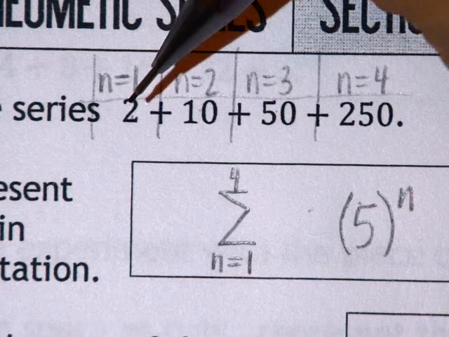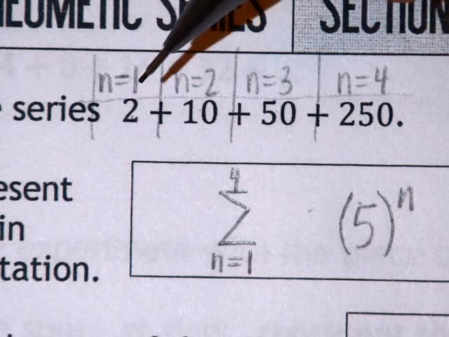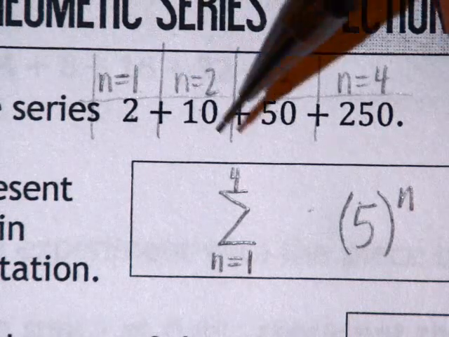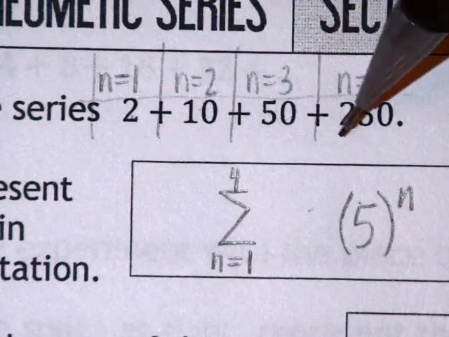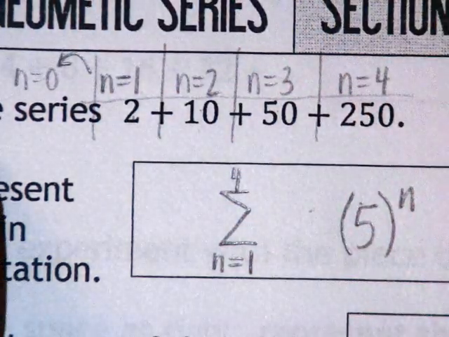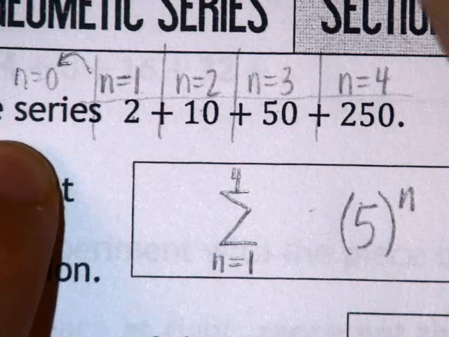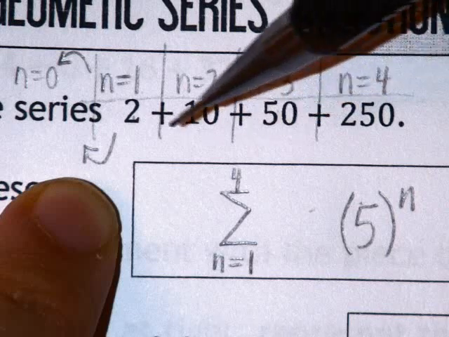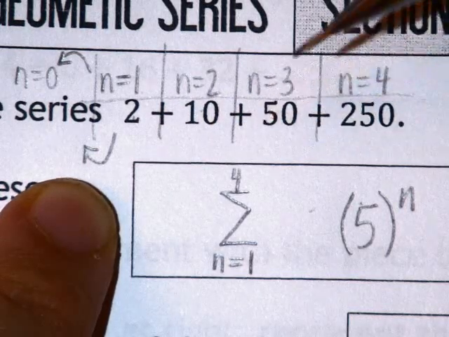And since this series starts by default with the first term, I have to think with a little bit of inference in mind. If the pattern is multiplying by 5, then the 0 term, which would have been the term before the first term, means that I would have had to think backwards for a second. And if I think backwards through the pattern, the opposite of multiplying by 5 is dividing by 5.